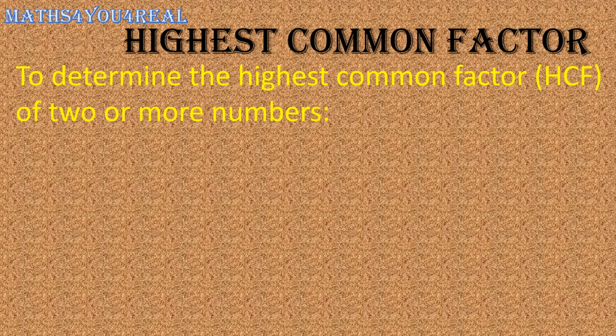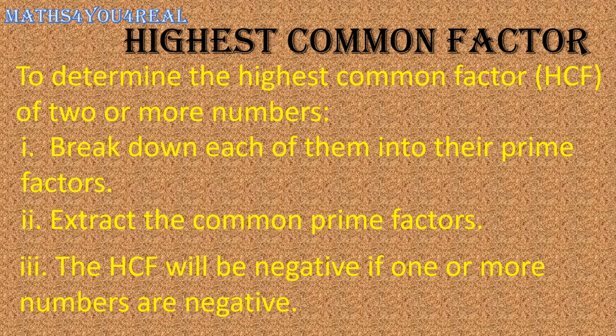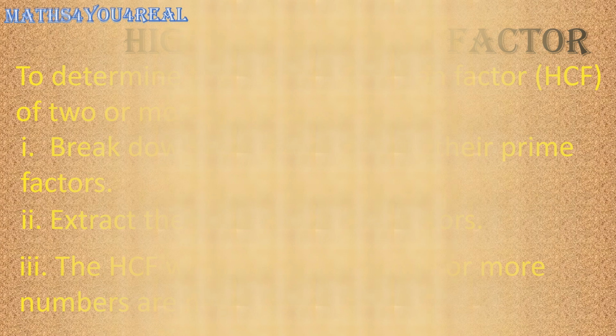To determine the highest common factor, HCF, of two or more numbers: 1. Break down each of them into their prime factors. 2. Extract the common prime factors. 3. The HCF will be negative if one or more numbers are negative. Example. Find the HCF of the numbers.